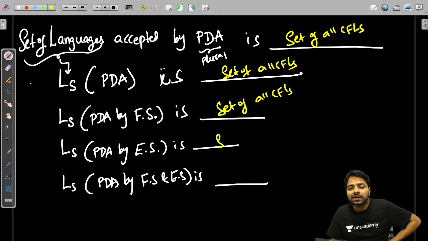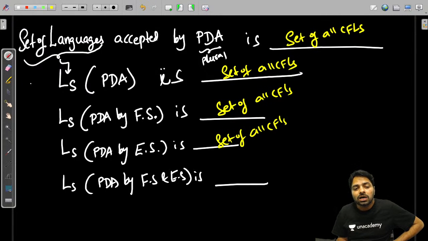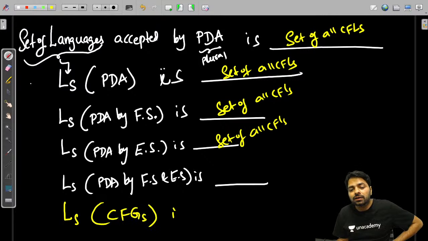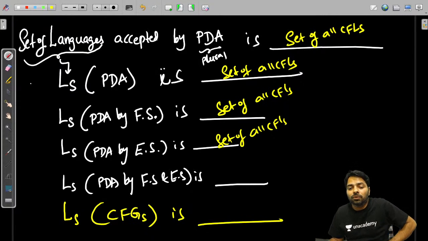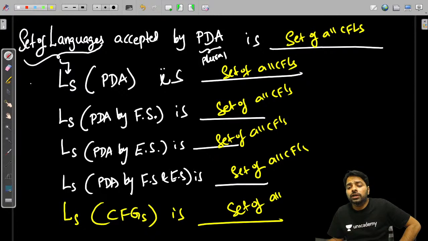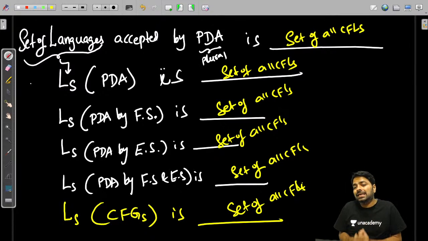The answer is different. Even all the languages generated by context-free grammars, CFGs I am talking about, is the set of all CFLs. This is the most important word when you are studying this chapter. You need to understand what is a single CFL definition, what is the set of all CFLs.